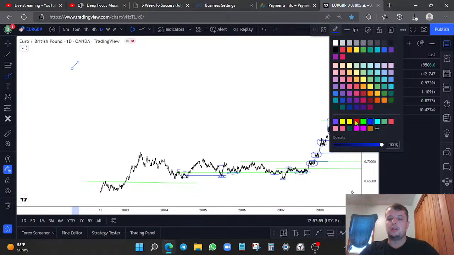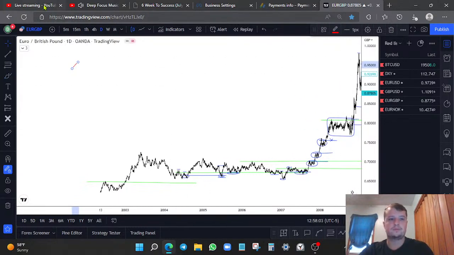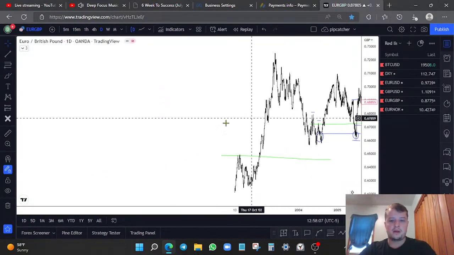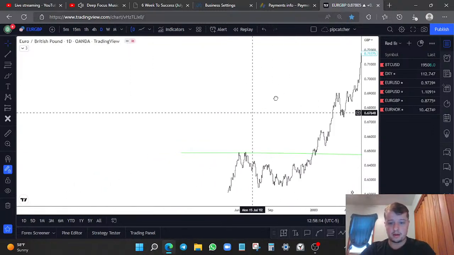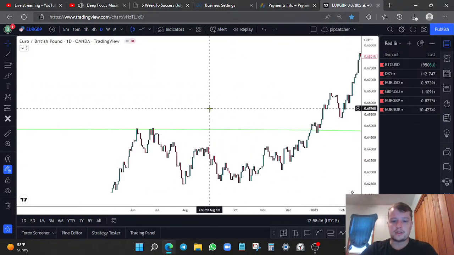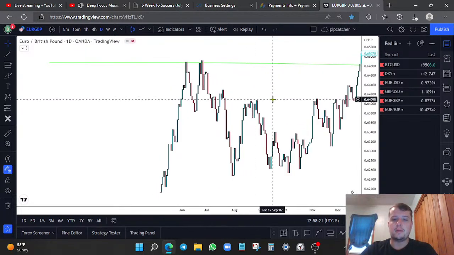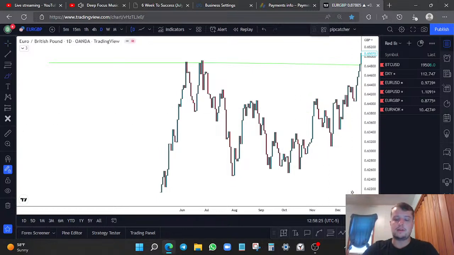Let's go red for the daily. What if candlesticks still look like this? It might make things easier to trade because a lot of the times wicks can confuse people a lot.